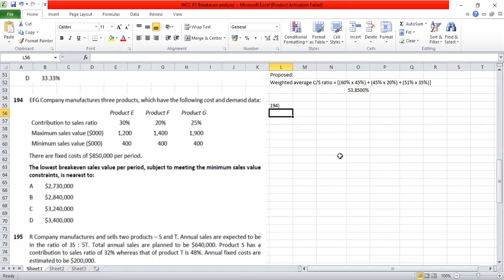Minimum sales value is given, maximum contribution margin ratio. There is a minimum sales value constraint.